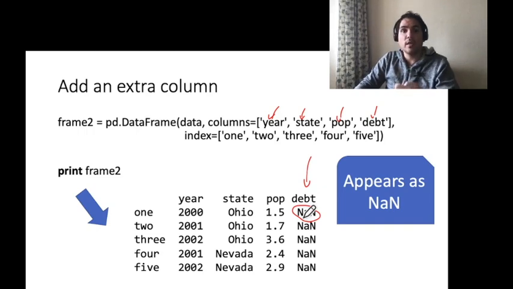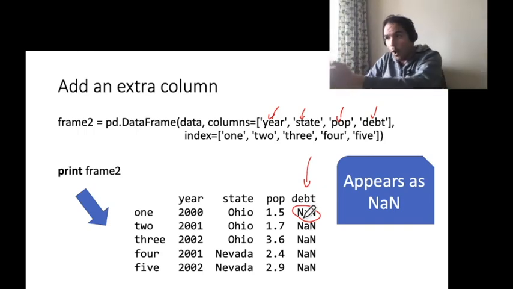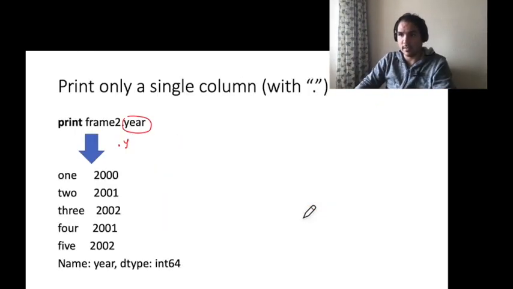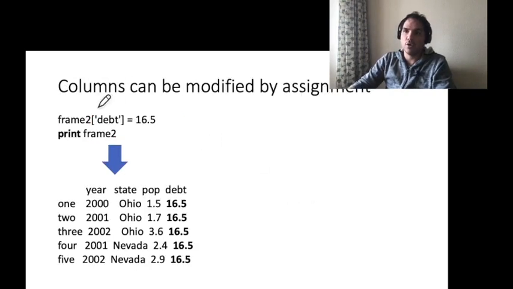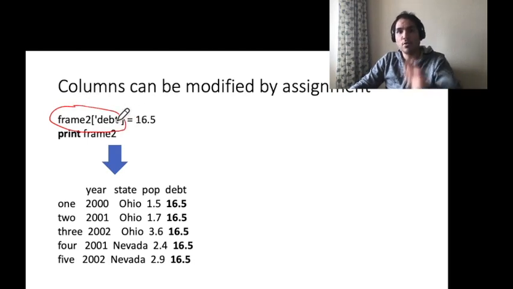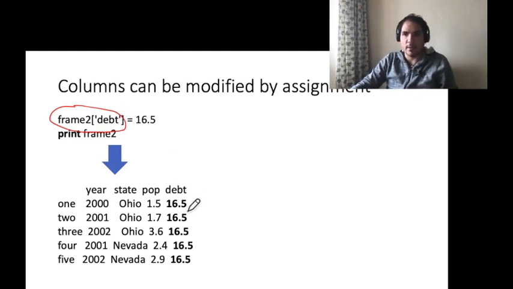So now, if we want to assign a value to all the entries for this particular column, we say that we want to get this column, and we assign this particular value to all the elements in the data frame for this column. That's how we do that. Okay, and then we print.